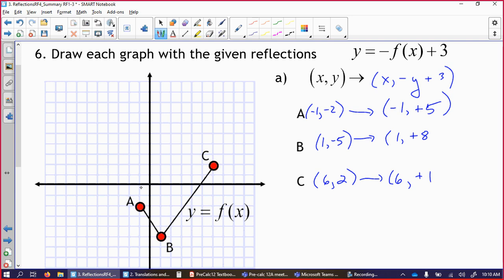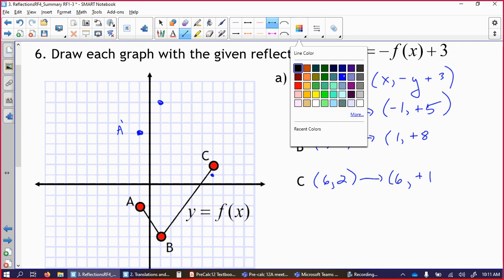So negative 1 and 1, 2, 3, 4, 5. B is 1 and 5, 6, 7, 8. There's a difference of 3 here. There's still that vertical difference of 3. We've just shifted it up to help us look at it. 6 and 1.